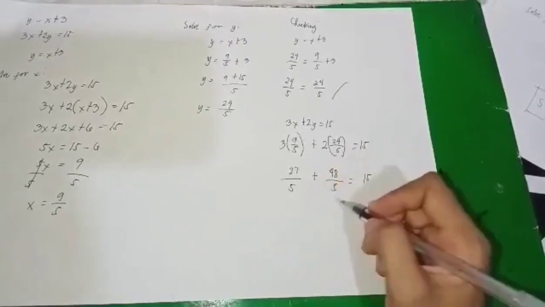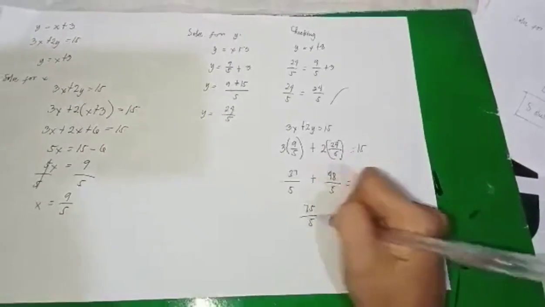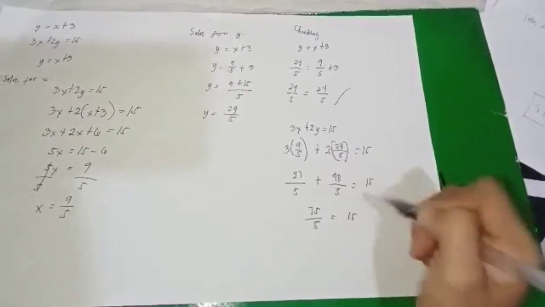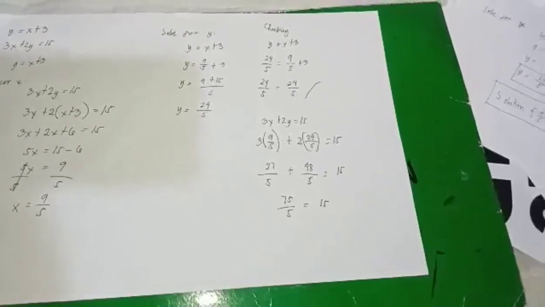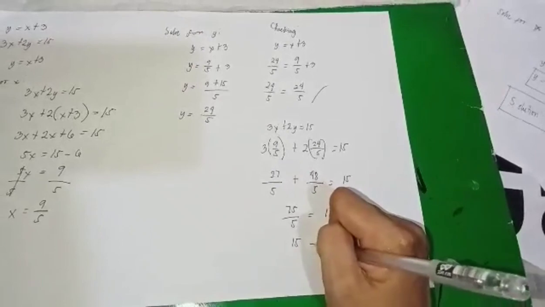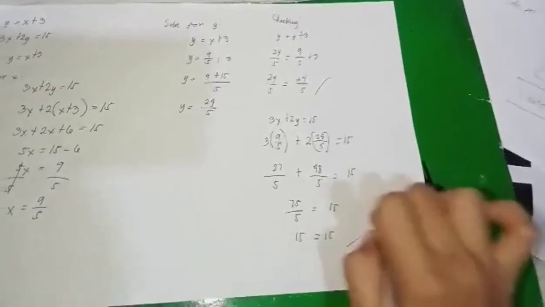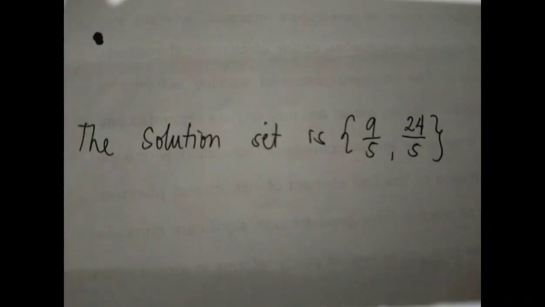So, 27 plus 48, 75 over 5 is equal to 15. 75 divided by 5 is equal to 15. So, our solution is correct. Therefore, the solution set is 9 over 5 and 24 over 5.